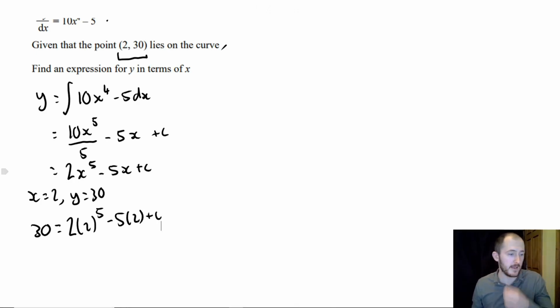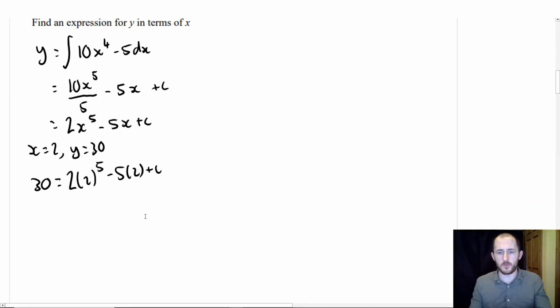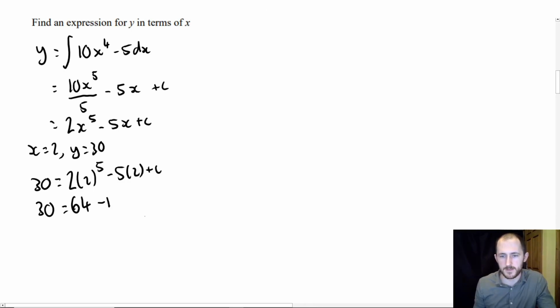And again, if you want to be really lazy, in which case I most certainly do, we can use a calculator for this, or you can just use the fact that you should know that 2 to the power of 5 is 32, so this is 30 equals 64 minus 10 plus c, so 30 equals 54 plus c, so c is equal to negative 24.